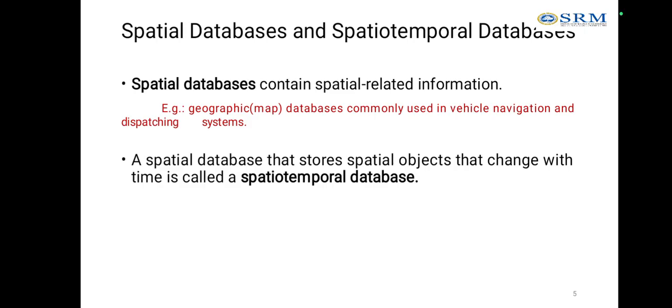These databases are widely used in logistics, transportation, disaster management, and environmental monitoring. If you take spatial databases, it's about only spatial information, for example maps. But spatio-temporal databases cover the geographical area as well as time. For example, migration of animals from time to time, place to place.